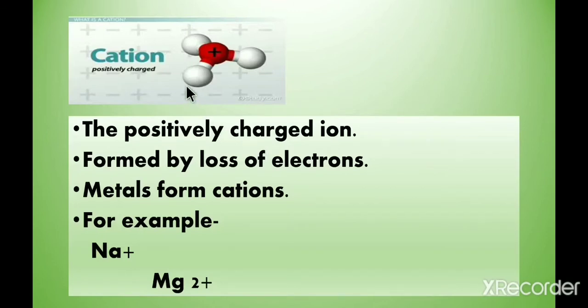Next is cation. A cation is a positively charged ion, and this is formed by loss of electrons. My dear students, about electrons you will read in chapter 4. Now you have to remember only this: it is a subatomic particle, means it is one of the particles of an atom which is negatively charged, and metals form cations by the loss of electrons.